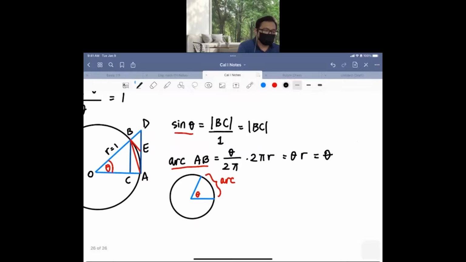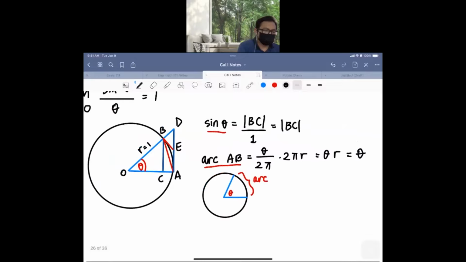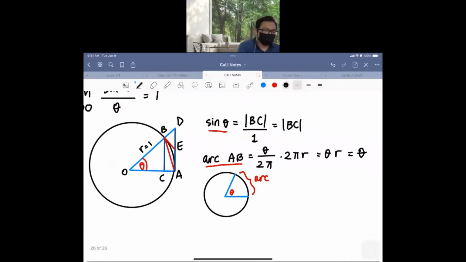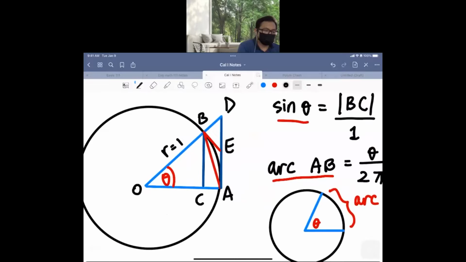And then we look at another part from the triangle. We observe the big triangle OAD. Okay, observe OAD.